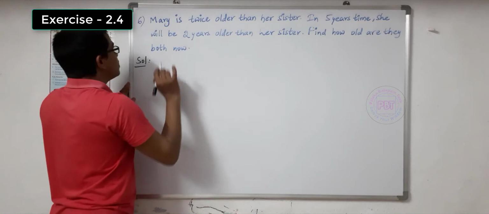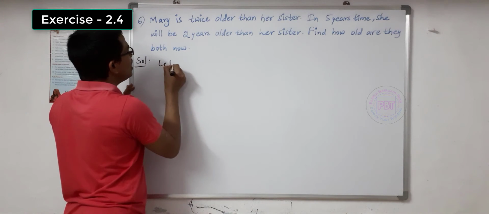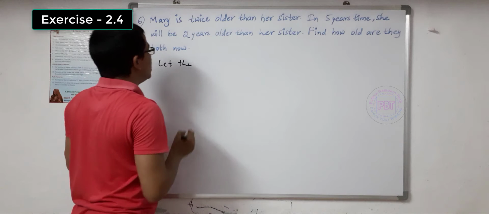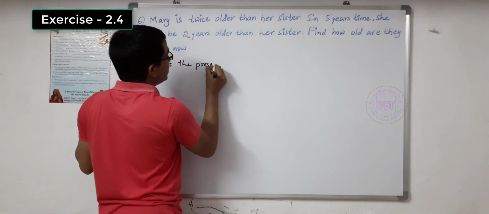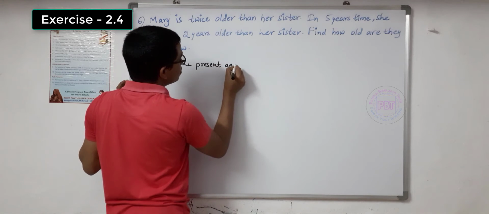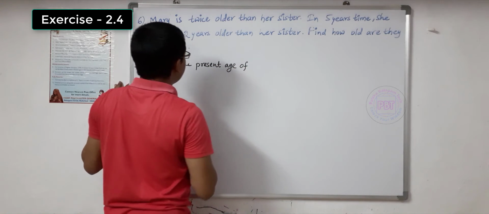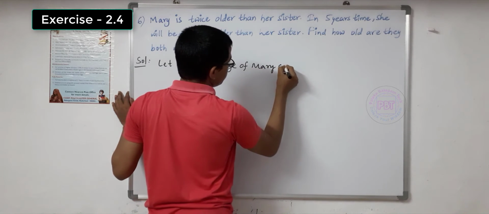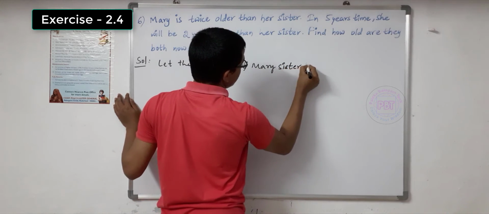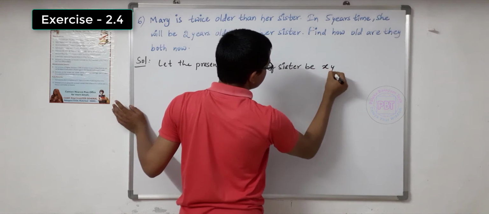Okay. Now write: let the present age of Mary's sister be x years.